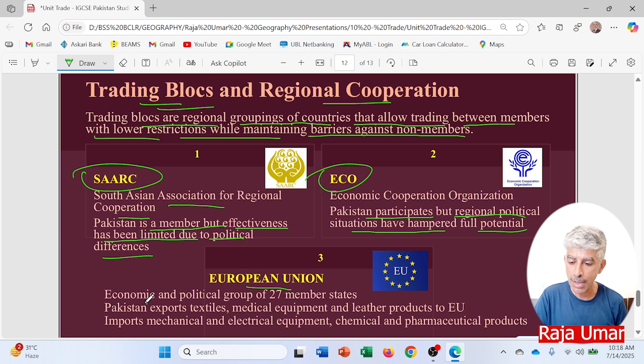European Union, an economic and political group of 27 member states of Europe. Pakistan exports textiles, medical equipment, I mean surgical goods, and leather products to the EU, and imports mechanical and electrical equipment, chemical and pharmaceutical products from these countries. So this is a really very important trading bloc.